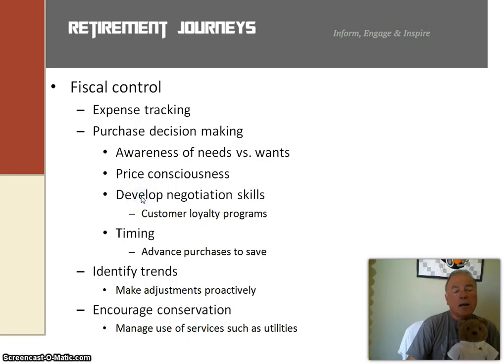And I actually use the budget to help me improve my negotiating. For example, I may let a sales rep know that I have a budget and that I'm trying to stick to my budget, which tells them that I'm perhaps not an impulse buyer, that I'm going to be a buyer who's going to be very conscious of the price. And I also use it in conjunction with customer loyalty programs.